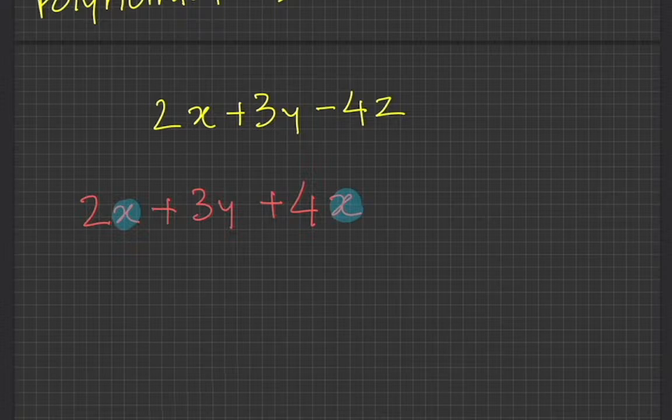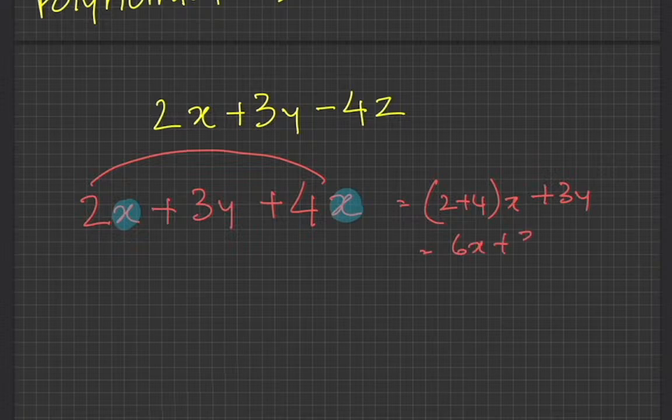At first sight it looks like a trinomial, but I have two like terms. So what I can do is add 2x plus 4x, plus 3y. This will give me 6x plus 3y, which actually becomes a binomial. Correct? So now that takes us to the next question.